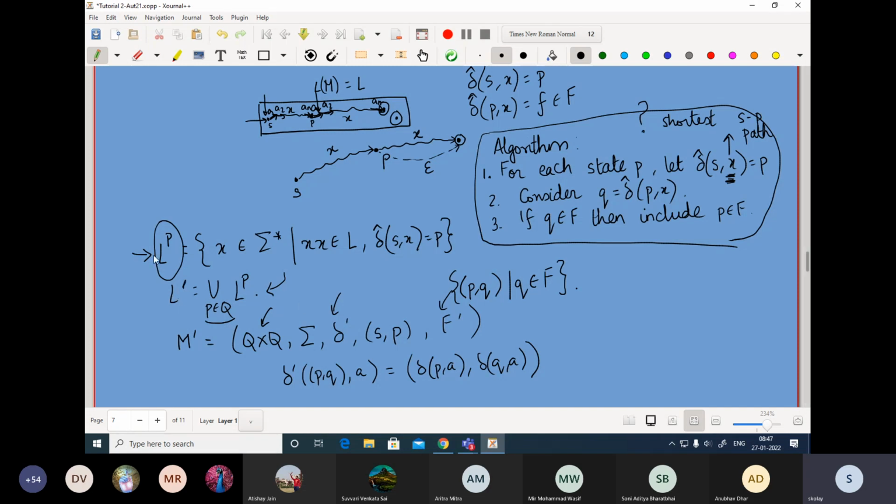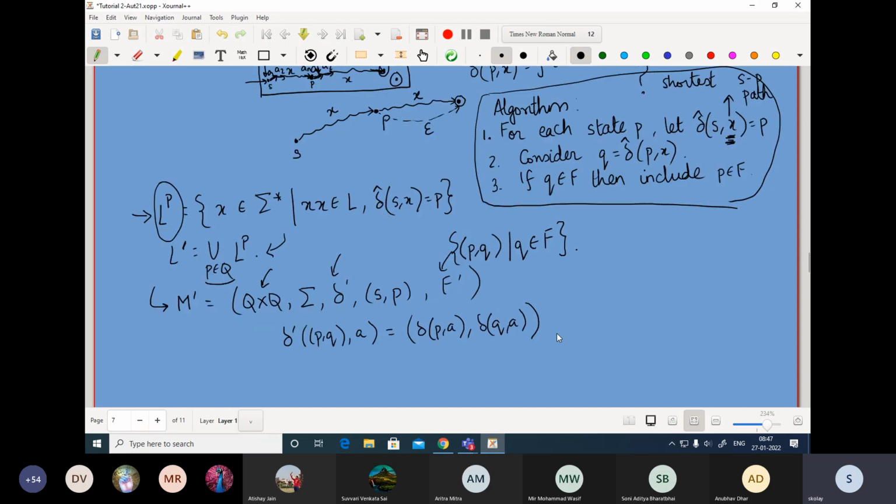If I can show that LP is regular for any arbitrary P, I can show that L dash is also regular. So now my claim is that LP is regular because M dash accepts LP. Do I need to go further into the proof, or is it clear to everybody?